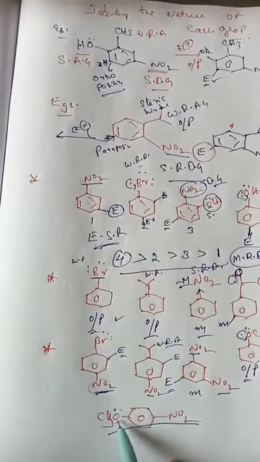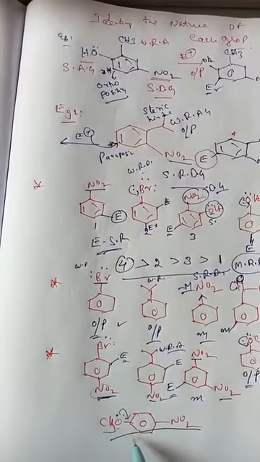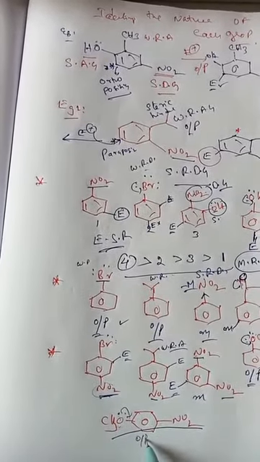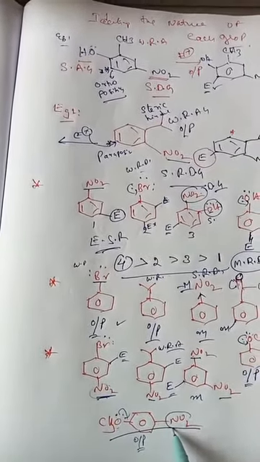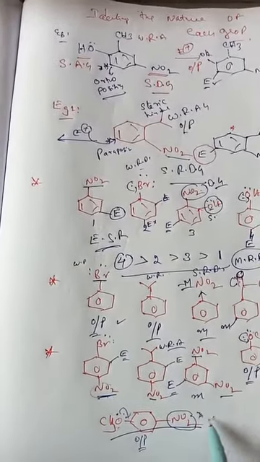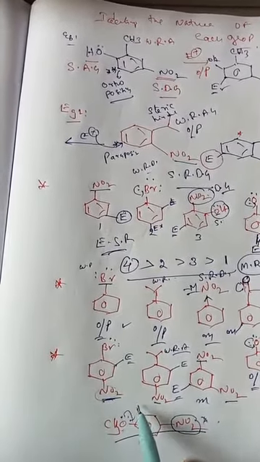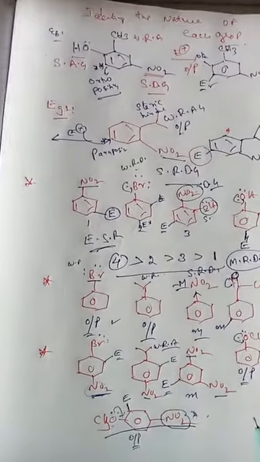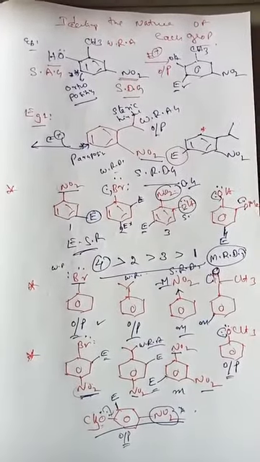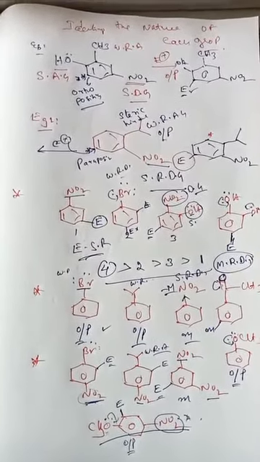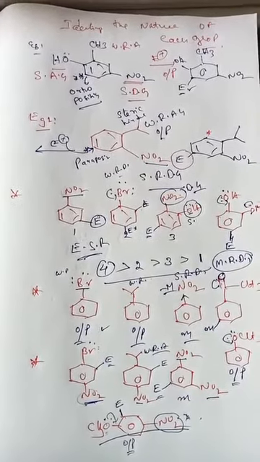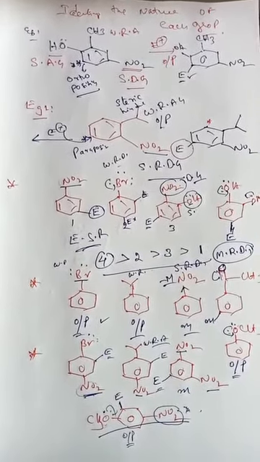This is a moderate ring activating group, so it is an ortho para directing group, but the para position is already occupied by the nitro group, so the electrophile goes to the ortho position. So this is the simplest method to identify which position the electrophile goes to, ortho, para, or meta directing group. Thank you.